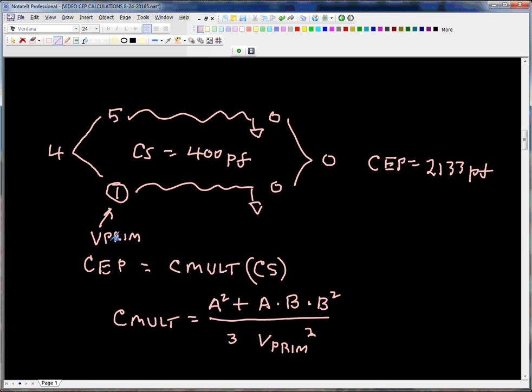Now, the actual voltage on the V primary, as we showed you before, is about 500 volts. But if we put 500 in this equation, we have to square it. It's a lot of work. So, we make this 1. We make that equal to 1. Don't need this anymore. This becomes 1 squared, or 1. It simply disappears. So we're left with this equation. This is the equation to remember. This one.